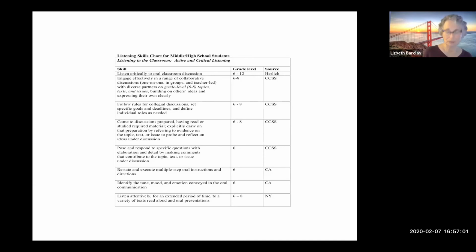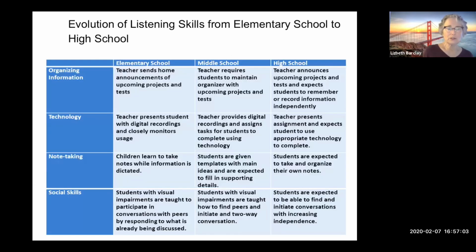Let's take a look for a minute at now the evolution of listening skills from elementary school through high school. And you'll see that if we think about it, there is quite a change, quite a jump of skill level as we go from elementary to middle to high school.